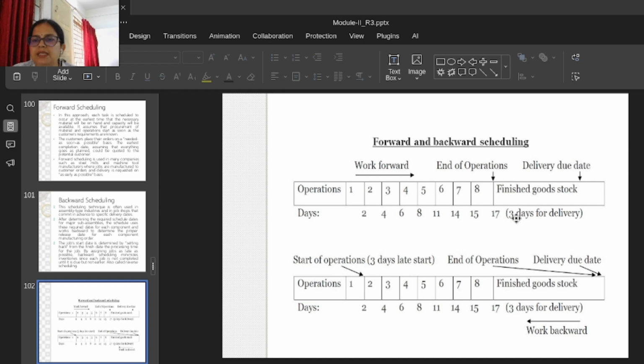Here 3 days we are keeping in stock. So 3 days late we start the process, so that on the 20th day we finish the product and deliver it to the customer. Here in forward scheduling we immediately start the production process. So this is the main difference between forward and backward scheduling.